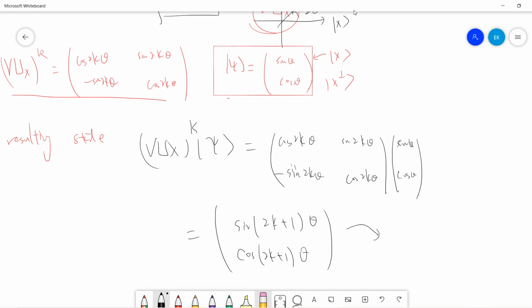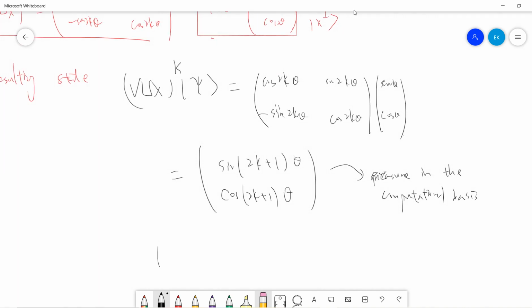Okay, so you can measure in the computational basis. Then the probability of getting x will be just sine square of 2k plus 1 theta, right? Just the square of the first component.